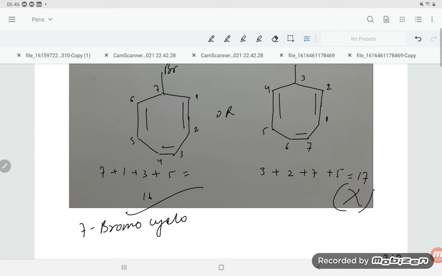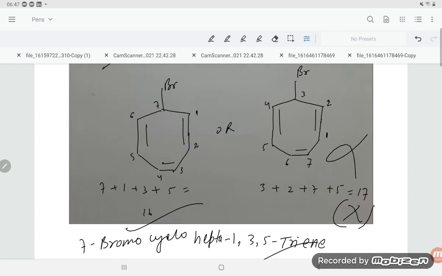Cyclo, and then hept. Cyclohept, and hept becomes hepta because so many double bonds are there: 1, 3, 5. Cyclo, 7 bromo, hepta, 1, 3, 5, triene. This is our compound. Okay students, this is the name.